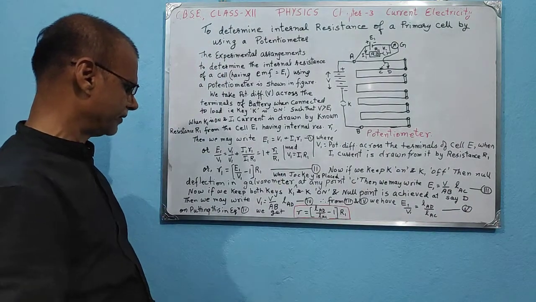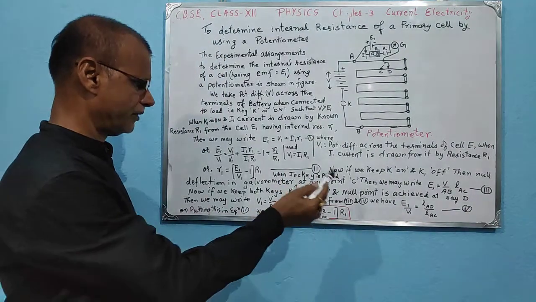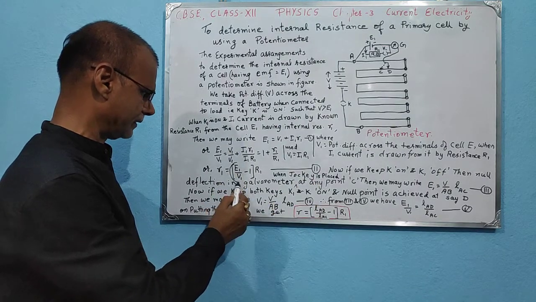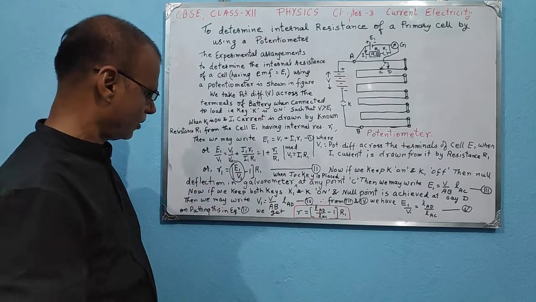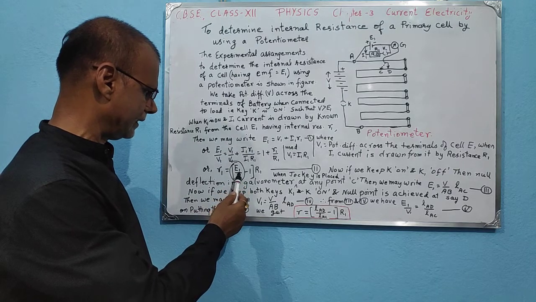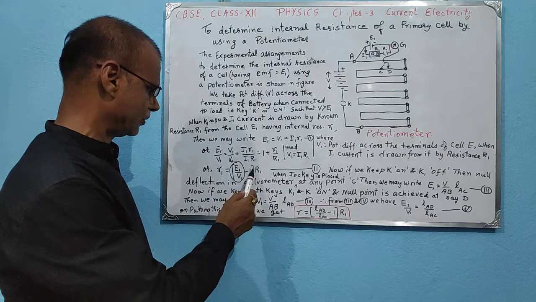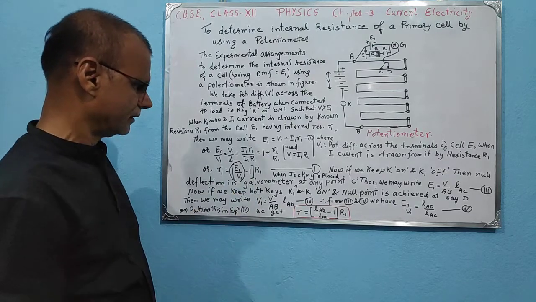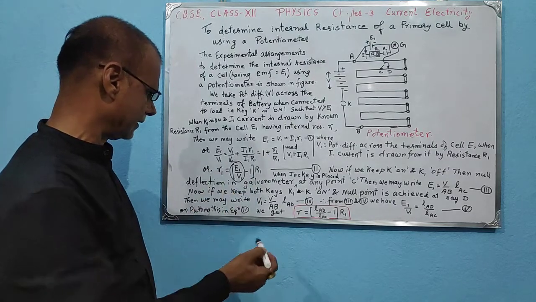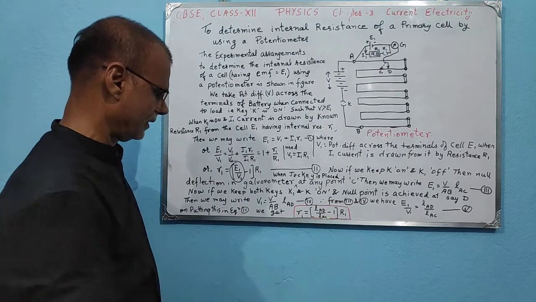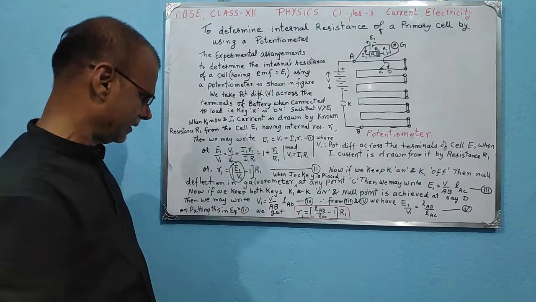Now when we put this value of E1 by V1 in this expression, we get R2 equal to LAC by LAD minus 1, into R1, giving the value of the internal resistance of the cell E1.